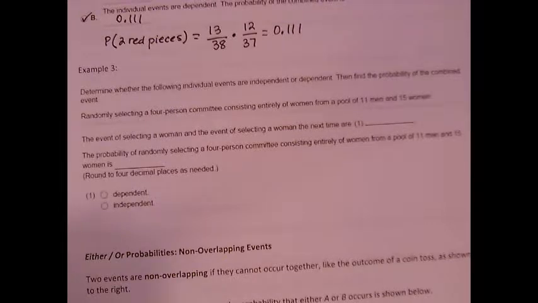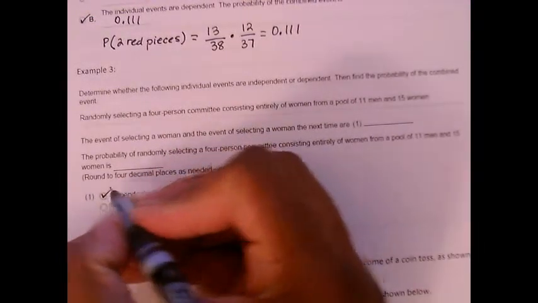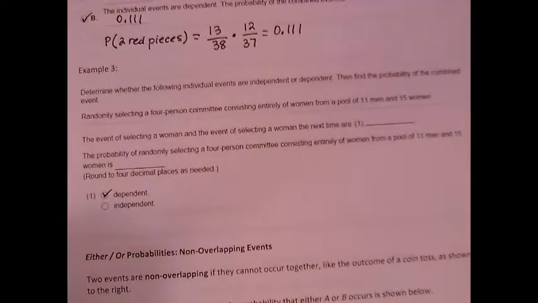If we're going to select a 4-person committee, that means the number of people we have will be decreasing. So here, we're going to have a dependent event as well.